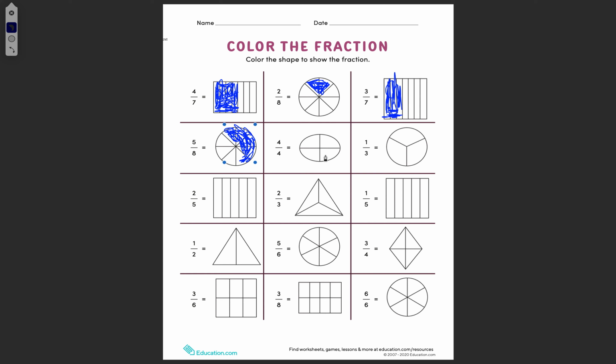So 4 out of 4, we could shade the whole thing. And that is what we call a whole. 1 out of 3 would be just one of these right here. 1 out of the 3 pieces. 2 out of 5.